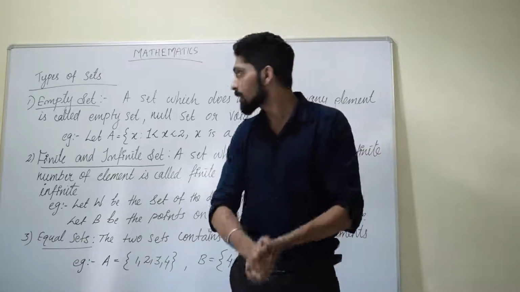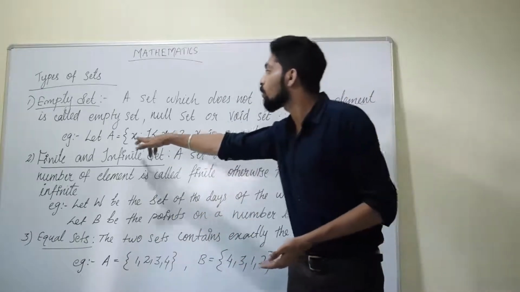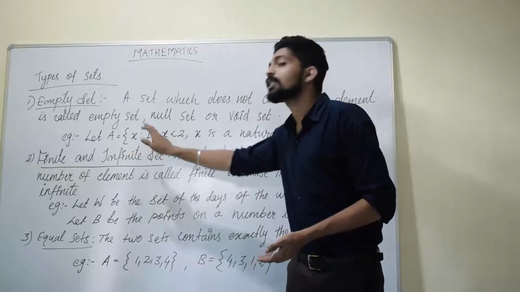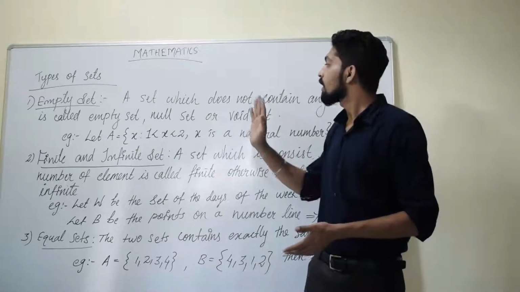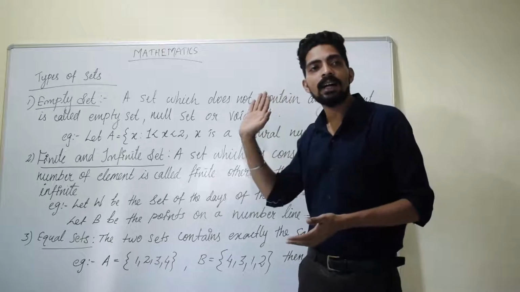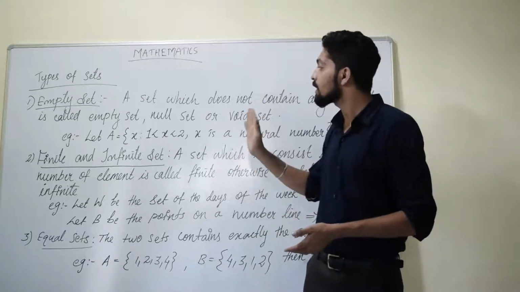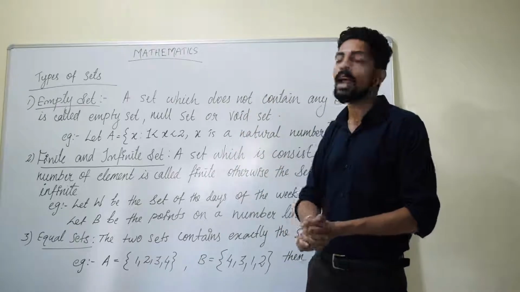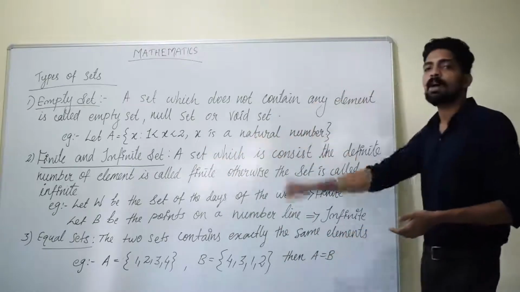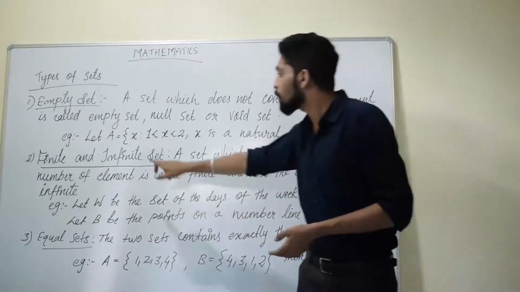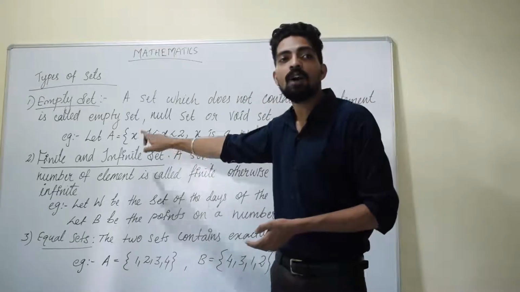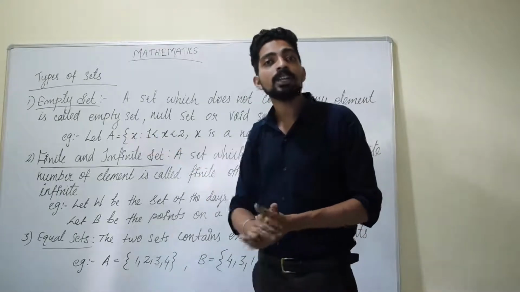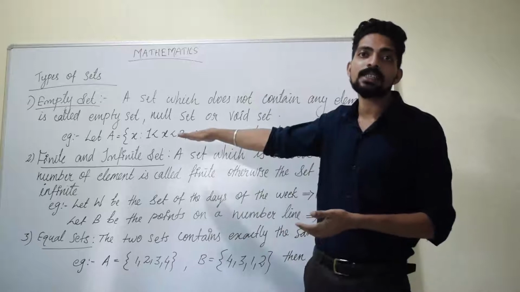For a simple example, let A be the set of x such that x is greater than 1 and x is less than 2, and x is a natural number. 1 is the smallest natural number and 2 is the second natural number.